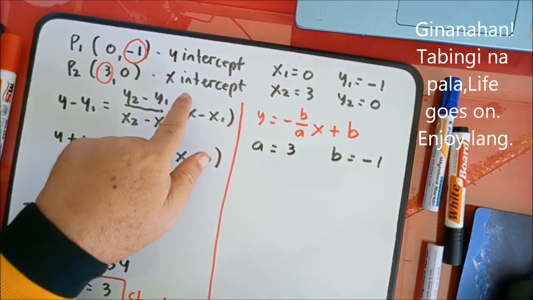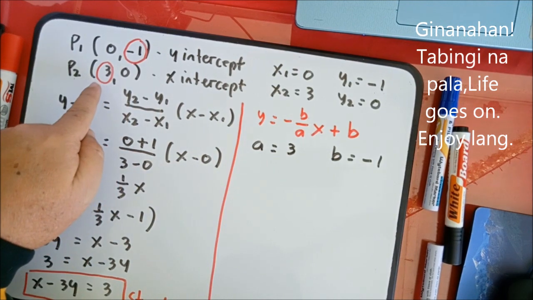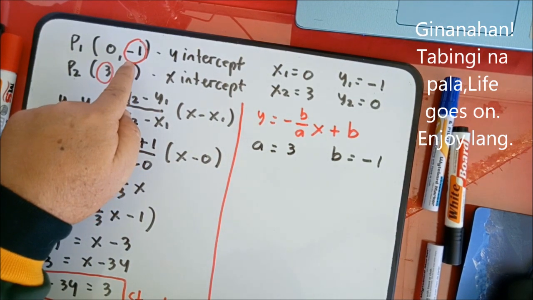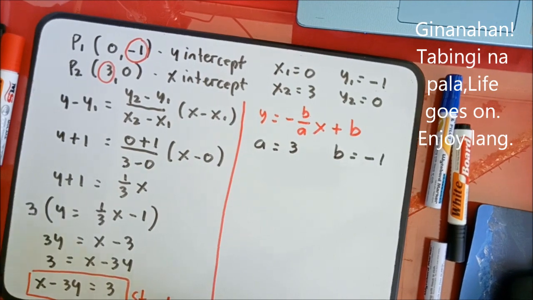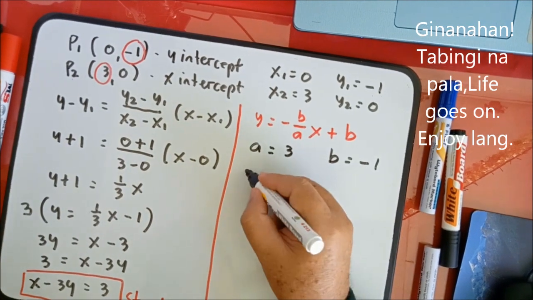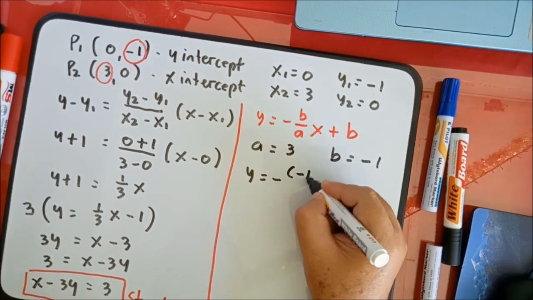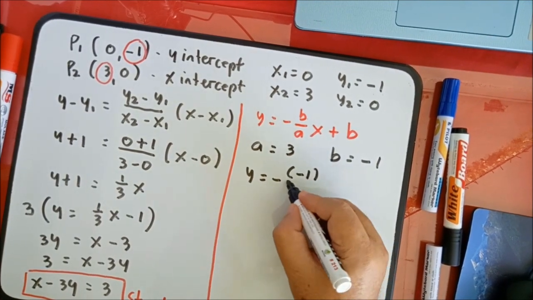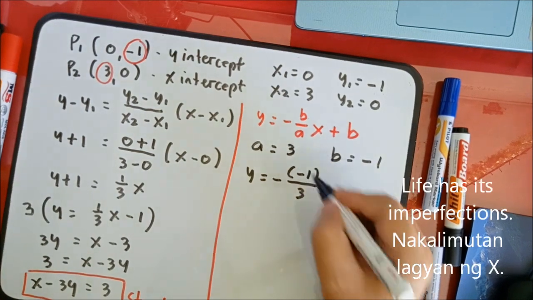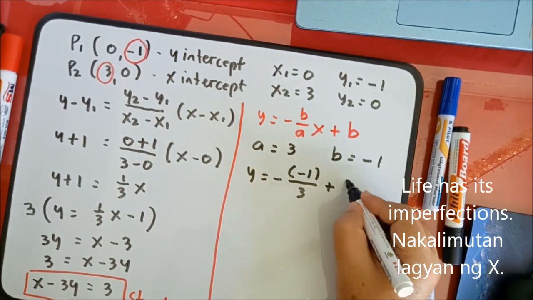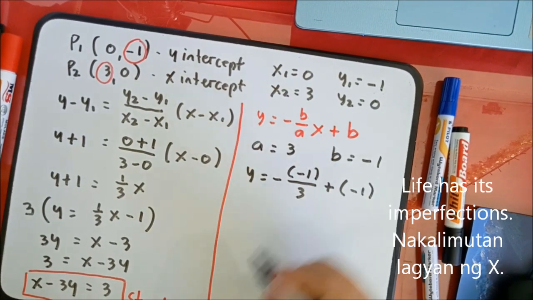Ang x-intercept natin, 3. Ang y-intercept natin, negative 1. Substitute. Y is equals to negative 1, which is your b, over 3, which is your a, plus negative 1, which is your b.